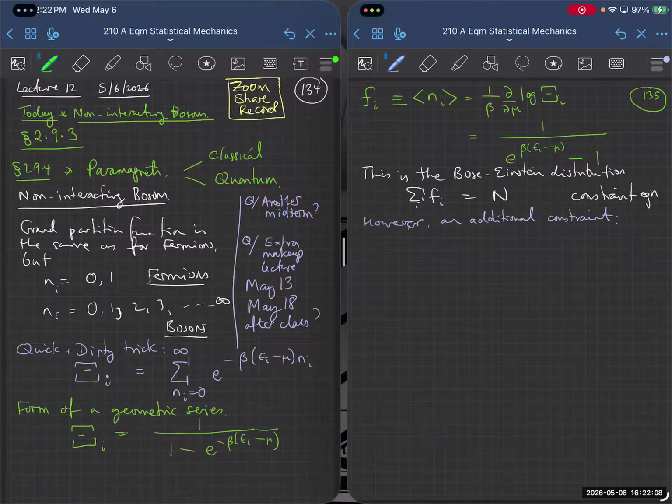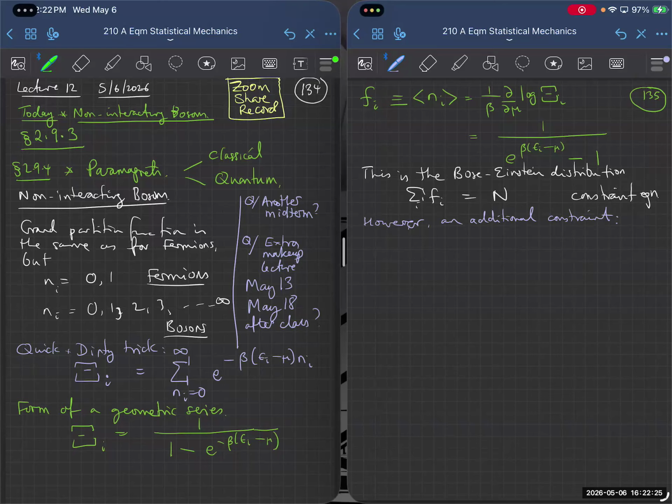Okay, yeah, Gabriel, mu is less than epsilon I, why? Because in the geometric series, r has to be less than 1. Yes, in the geometric series, thank you very much.